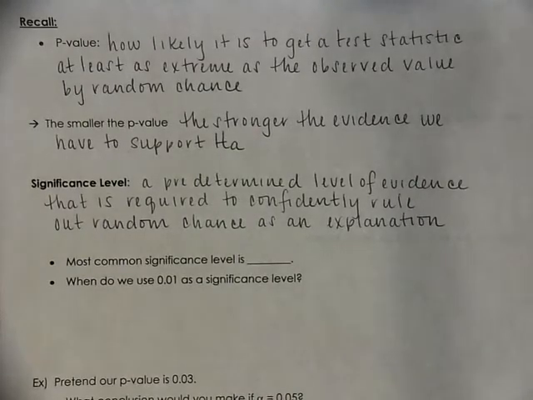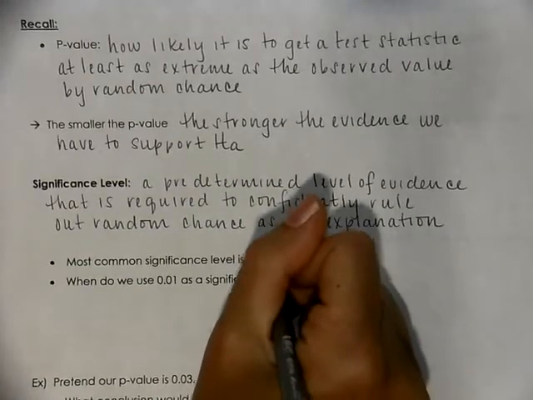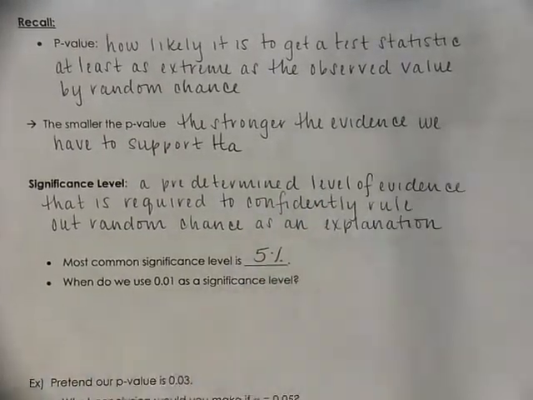The most common significance level that is typically used is 5%, and that is what we've been using these last two chapters as our significance level to make our conclusions for our hypothesis test. Other common significance levels you'll see are 1% and 10%.